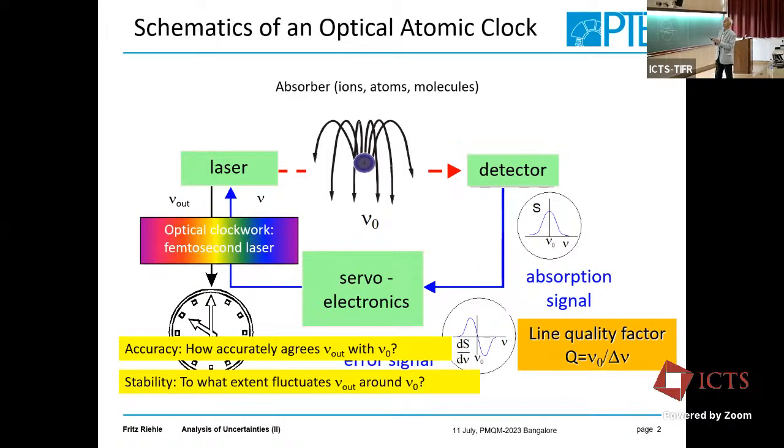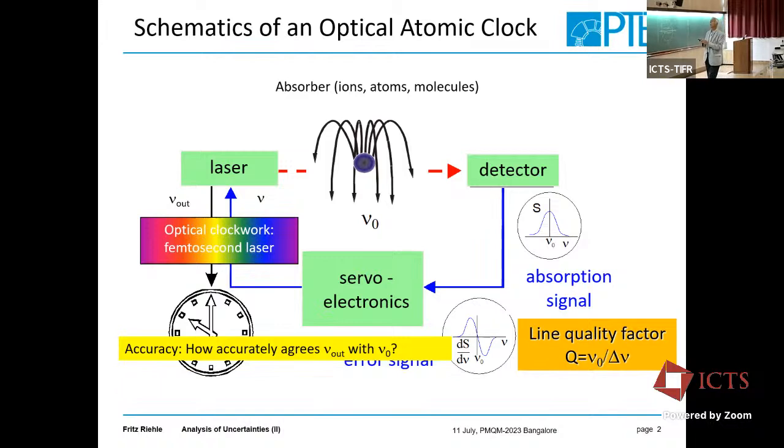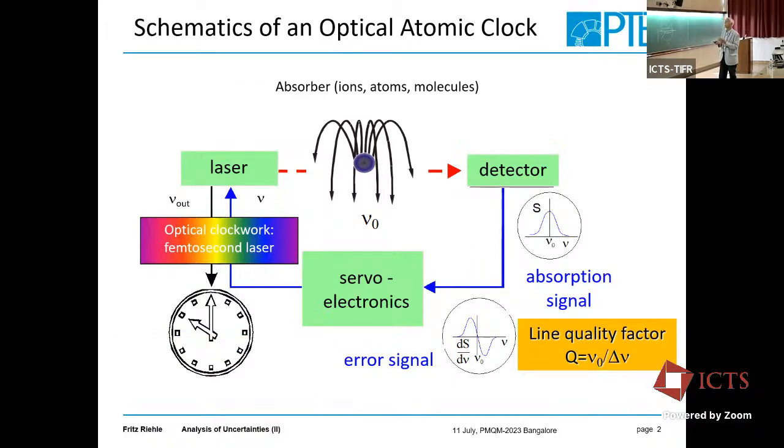And then, in an optical clock, we have to divide the frequency to bring it into the microwave region that we can use and derive the ticks of a clock.